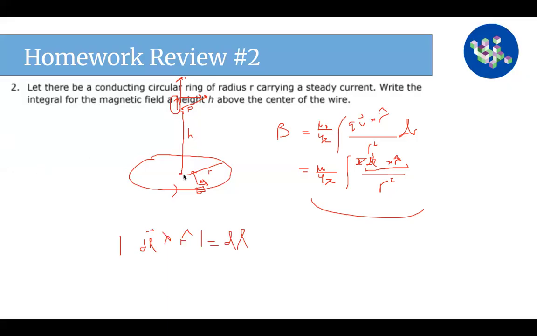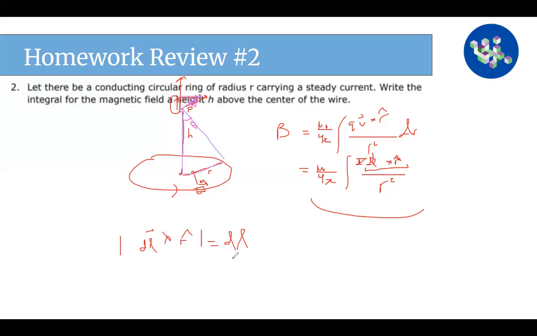Well, notice that we have two similar triangles. I have one triangle that looks like this. It's a right triangle, by the way. And I have another triangle like that. And those two triangles are similar. If I want to project onto the vertical direction, that angle here, I'll let that be theta. I also know that it's equal to this angle here, theta, right?